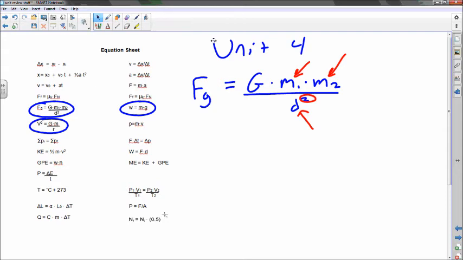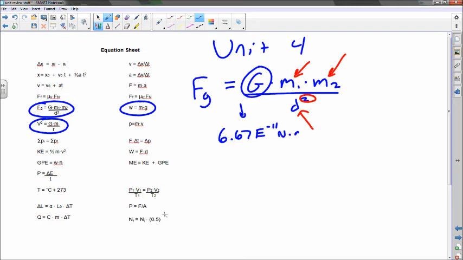The other thing here is big G. Big G is the universal gravitation constant. It has a value of 6.67 e to the negative 11th, and that's newtons times meters squared per kilogram squared.